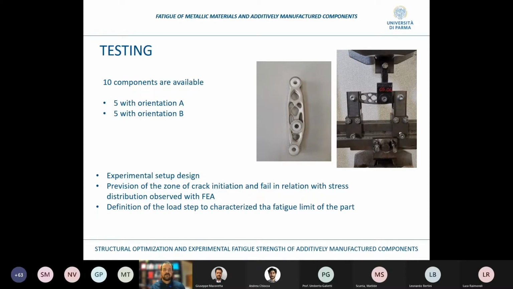We also defined, during the experimental setup, the load steps that we want to perform to characterize the fatigue limit of the real part and to forecast the real life of the real component produced with this technology.